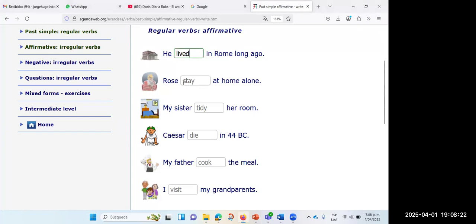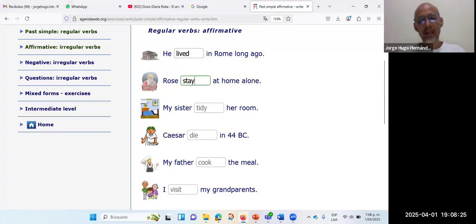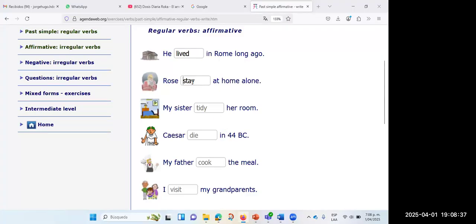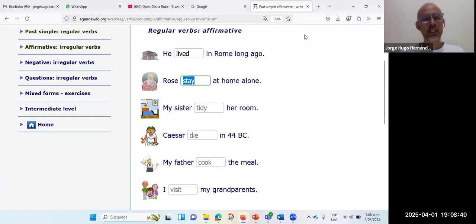And this one, stay. What is the past of this verb? Please write in the chat, because the pronunciation is quite similar. In present and in past, the pronunciation is quite similar. So please write in the chat the verb in past, stay. Let me see.